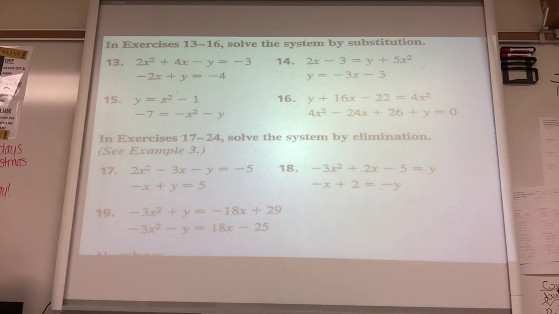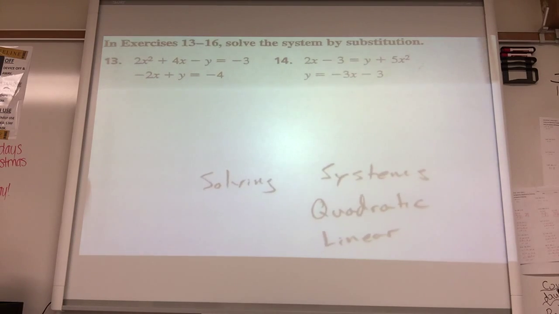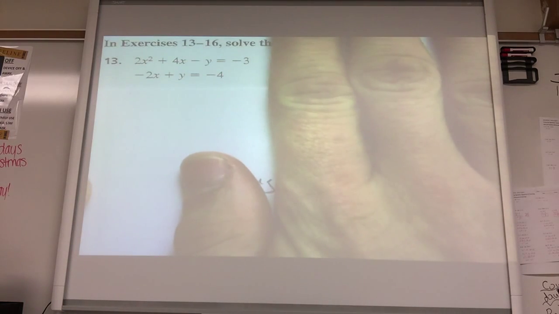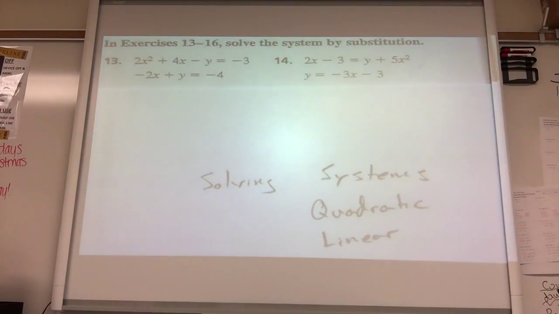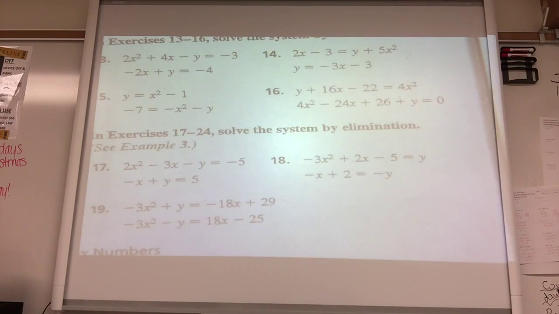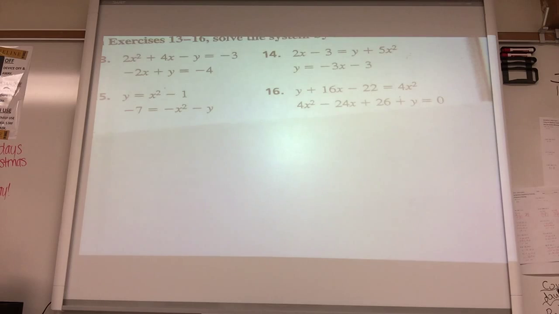I don't know which one I'm going to solve here. I guess I'll probably do number 13. So I'm going to take number 13 and solve it for one of these variables. This y looks really easy to solve for. So I'm going to solve for y, and then when I have solved for y, I'm going to plug into the other equation. So let me just rewrite these equations real quick.